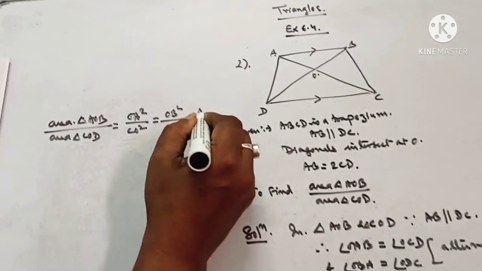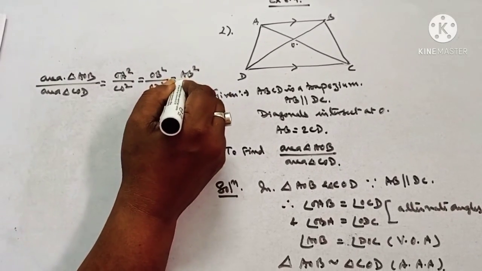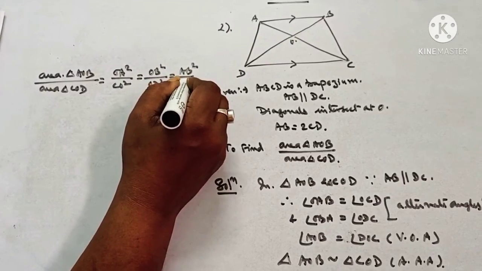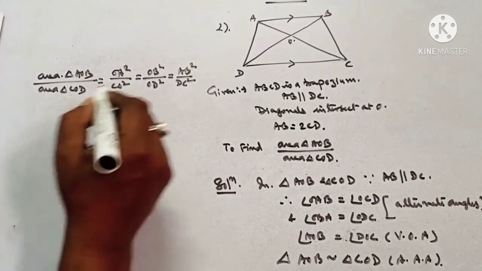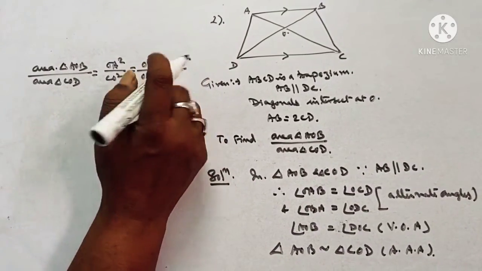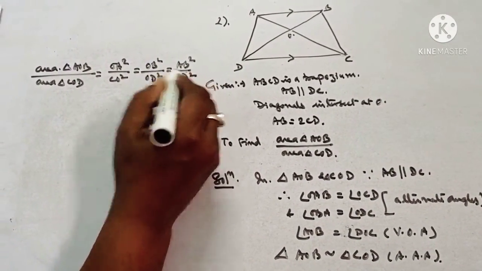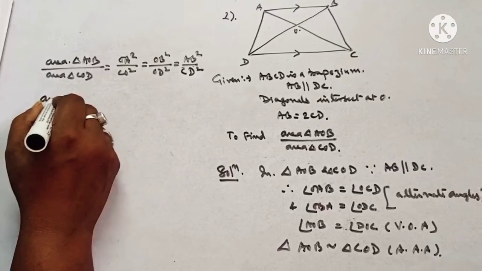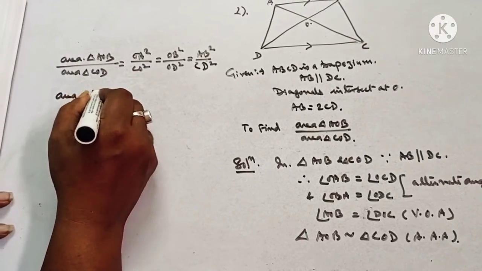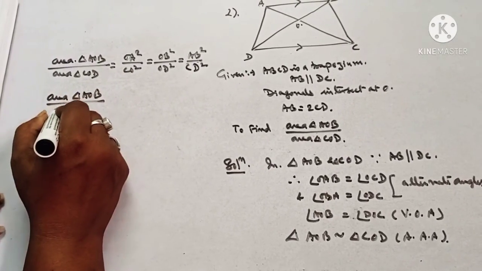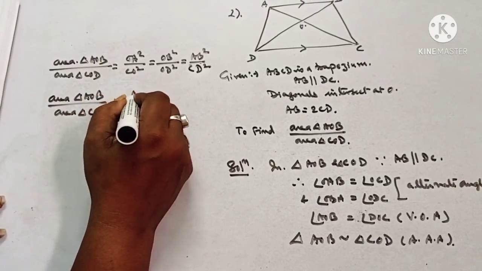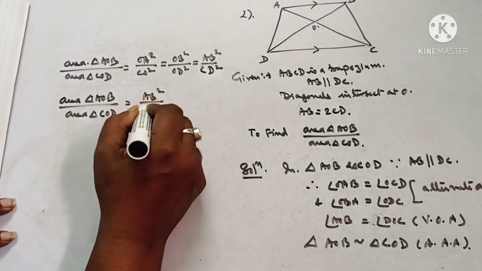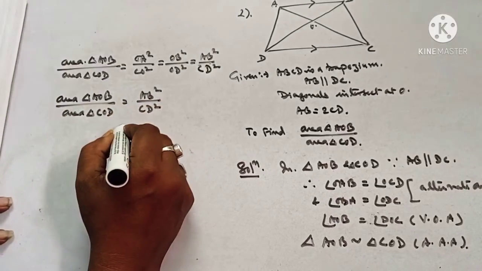This will be equal to AB square by DC square. So DC, you can write CD square. So area triangle AOB by area triangle COD will be equal to AB square by CD square.